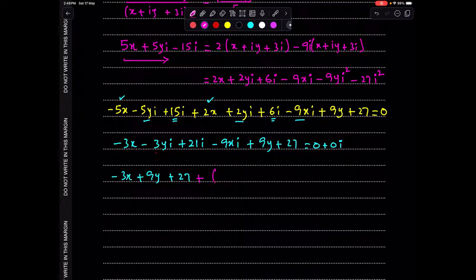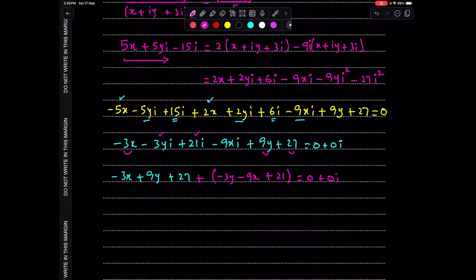Now copy minus 3yi, just 3y, I will take I common, minus 9x plus 21, 0 plus 0i.